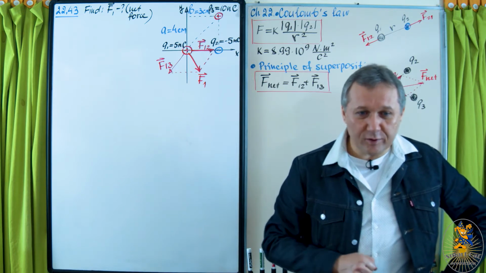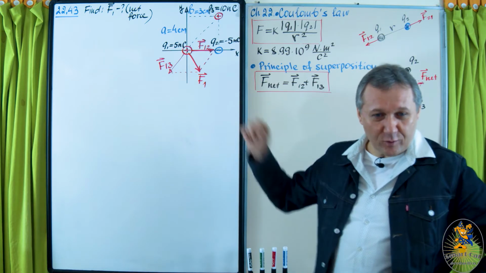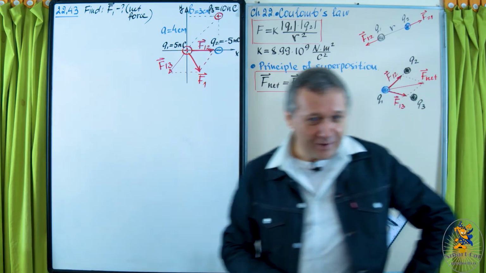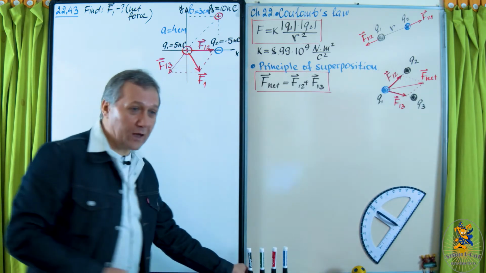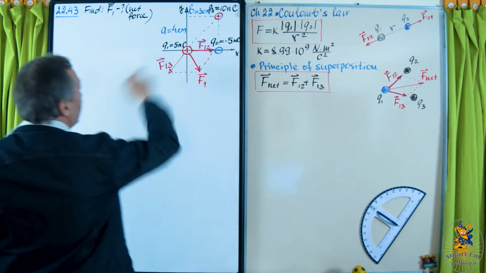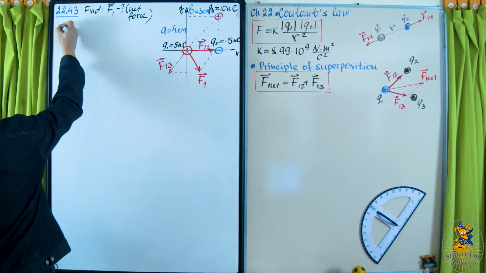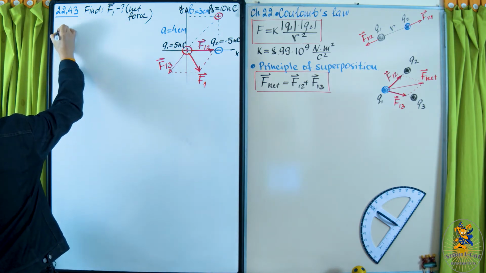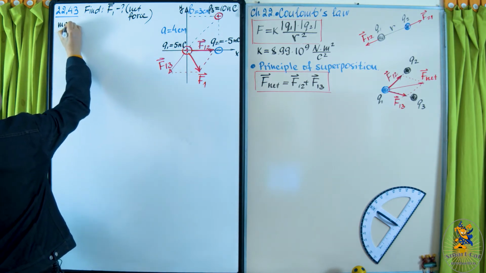But of course, it's not the whole story. We will have to find the magnitude of that force and direction. Now let's start doing this. Again, as I said, let's start with F12. And again, I will emphasize magnitude.